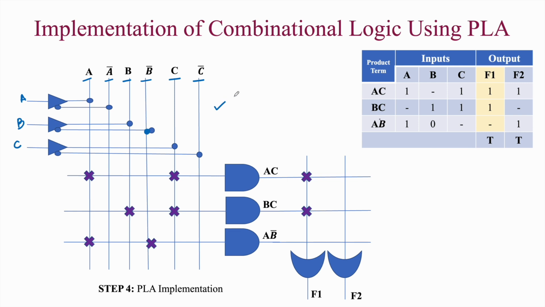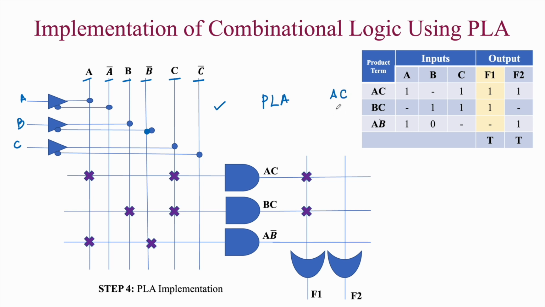What is the advantage of PLA? In PLA, both the AND gate and the OR gate are programmable. It is evident from the figure that both AND and OR gates are programmable. First, let us program the AND gate. What are all the product terms? Because the AND gate is required to create these product terms. What is the first product term that we have?